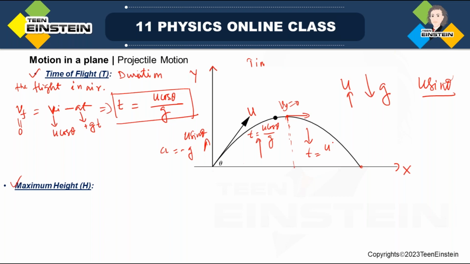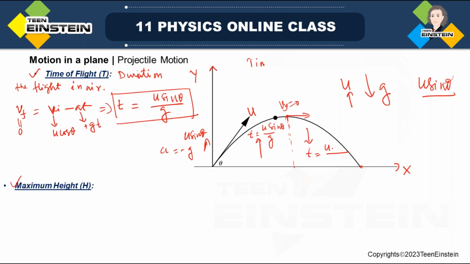Oh, I'm sorry, I said u cos theta earlier; this is u sine theta, the vertical component, u sine theta by g. Here also it will be sine theta.